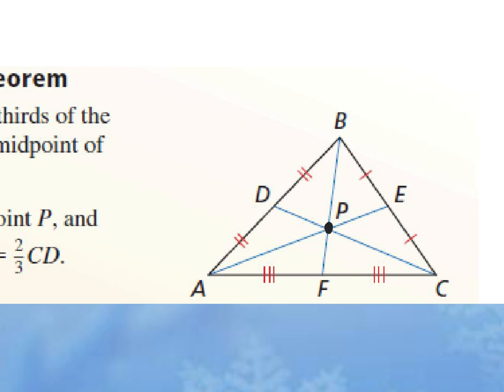Now, we're just going to look at one of the medians. We're going to look at BF, okay? It takes BF and divides it into 2 parts. It divides it into BP and PF. Do you see that? How BF is in 2 parts? Okay.